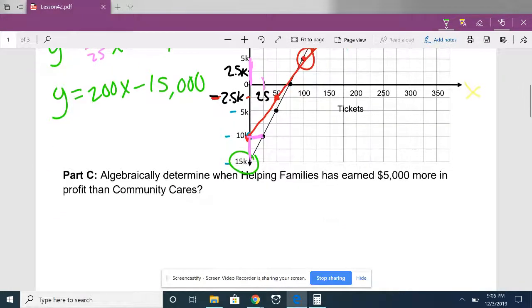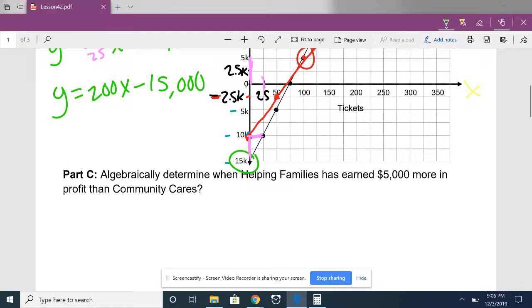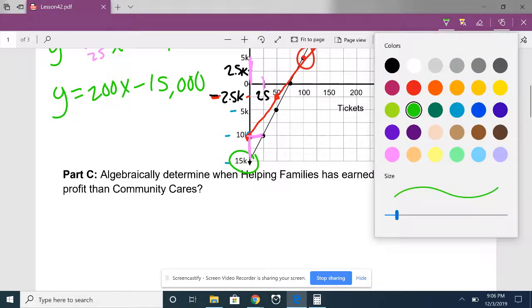All right, now we want to determine when the helping families has earned 5,000 more profit than community cares. So helping families, I'm actually going to make a little mini equation.